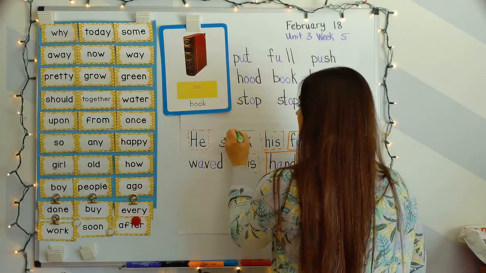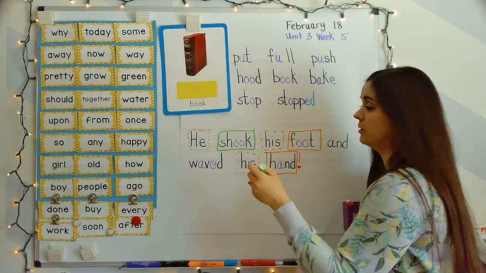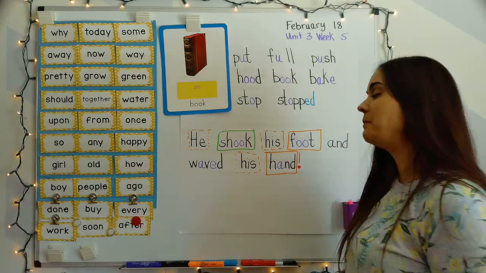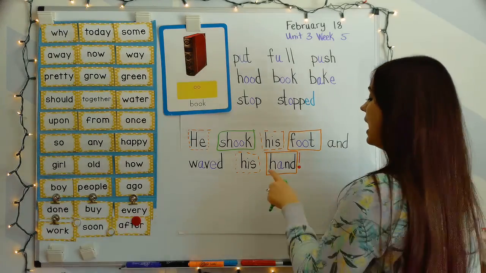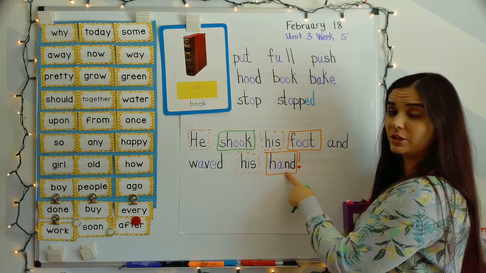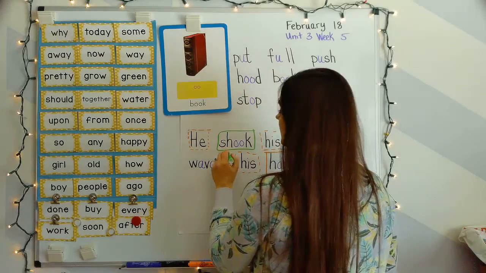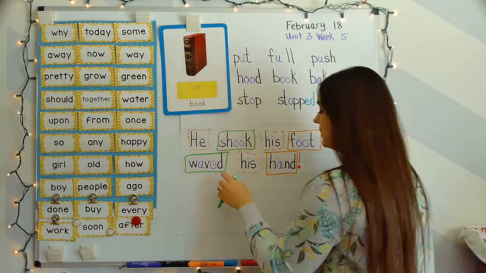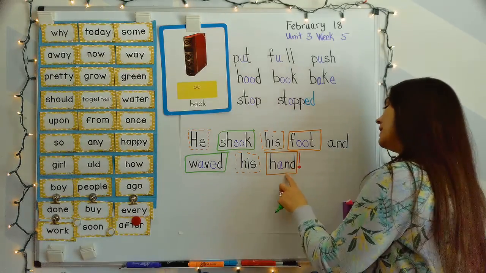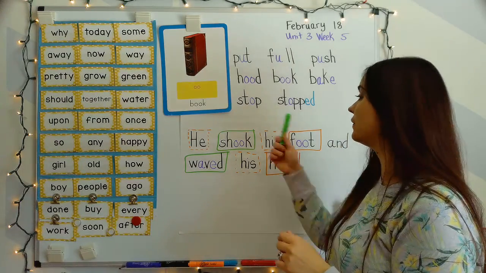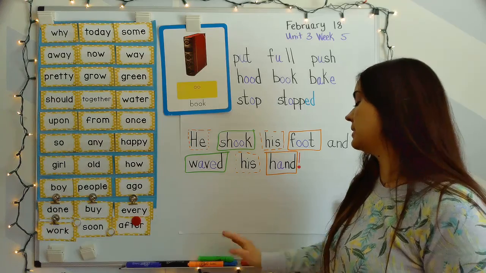He shook his foot. Now, his foot didn't do that all on its own. He had to tell his foot to shake. But that's the action that his foot did. It shook. And what did his hand do? His hand waved. Same thing, he had to tell his hand to wave. But that is the action that his hand did. It's the verbs in our sentence. All right, excellent.